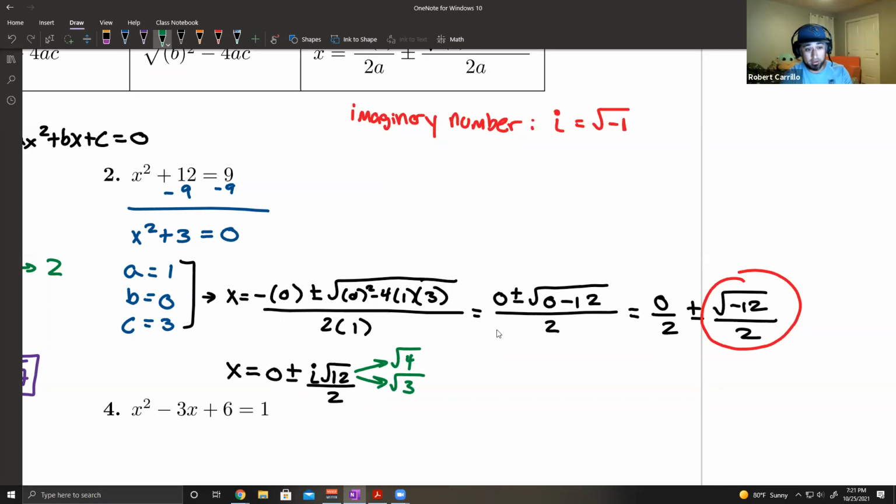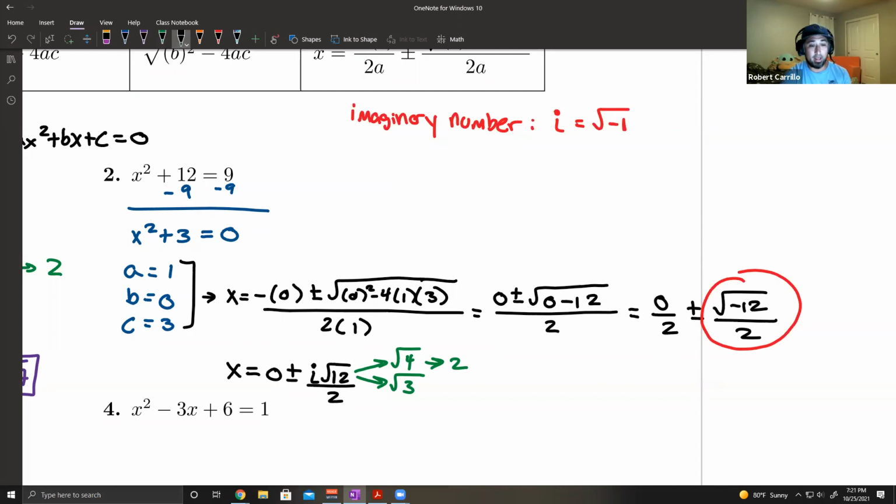6 and 2 work, but whenever you're trying to reduce square roots, try to go for numbers that you can reduce, like 4, that are perfect squares. Because now I get 2 square root 3.